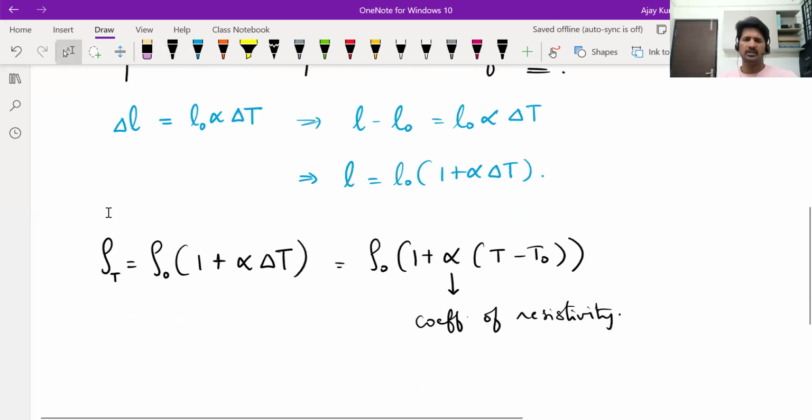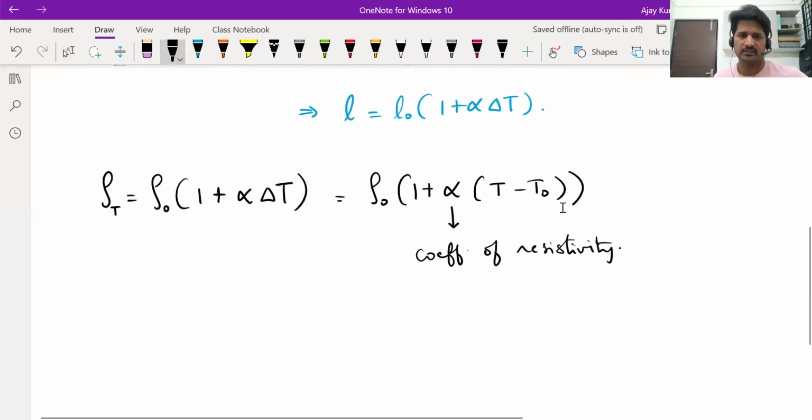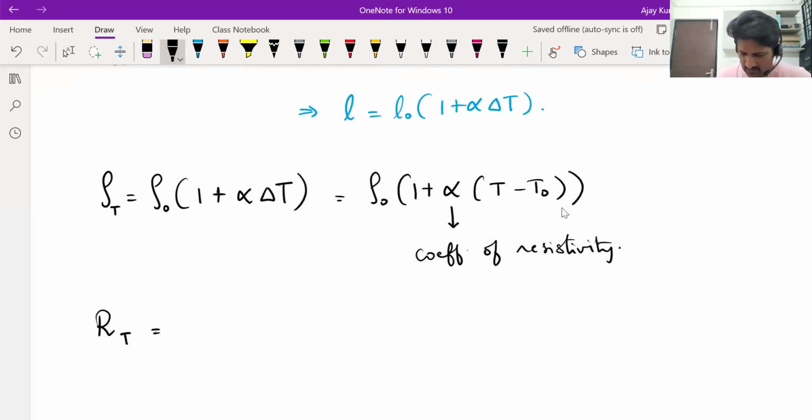And how will you be asked questions based on this? Direct. At one temperature, they'll give you the resistivity, and at another temperature, they'll ask for the resistivity. So directly based on this equation, you can solve. And you have a similar equation for resistance as well. Resistance at a temperature T is resistance at temperature T naught into 1 plus alpha R into delta T, that is T minus T naught.